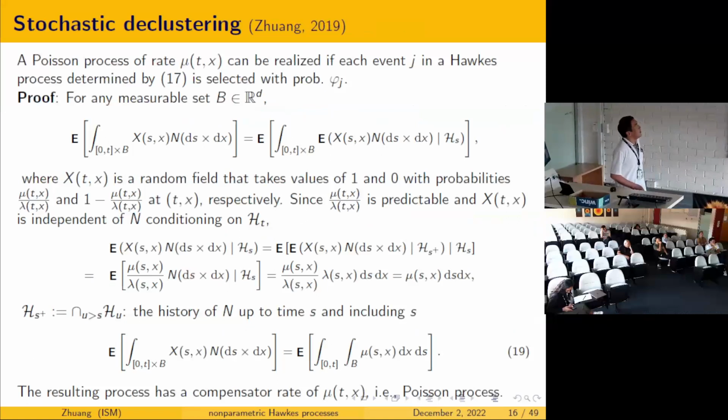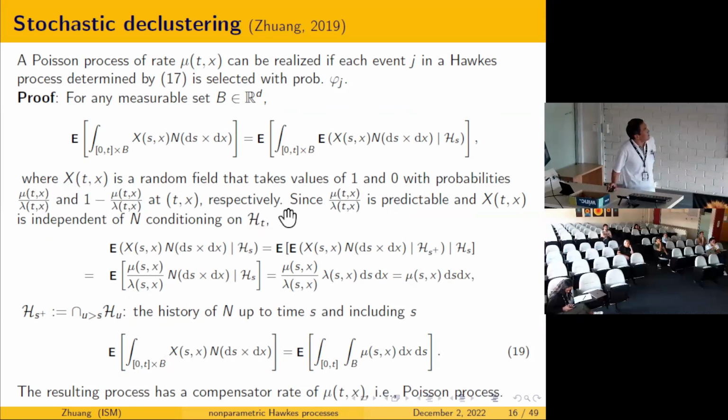To prove it is quite easy. We can just assume a kind of random field taking value 1 or 0 with this probability. X is not predictable, but this part is predictable.